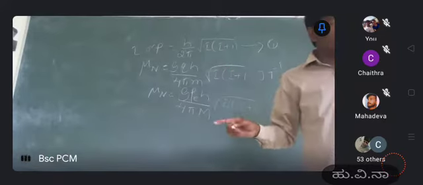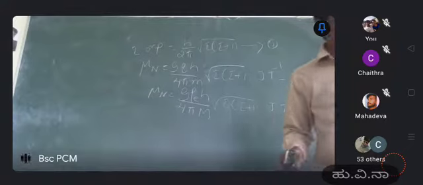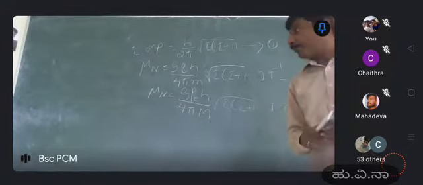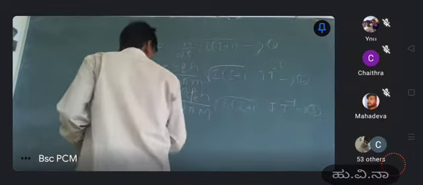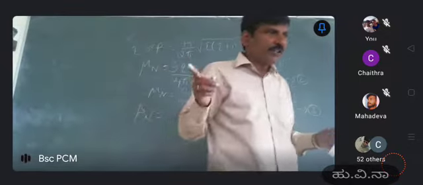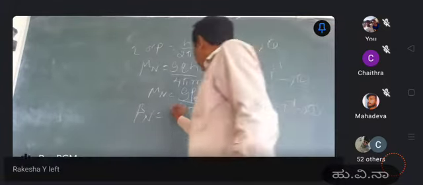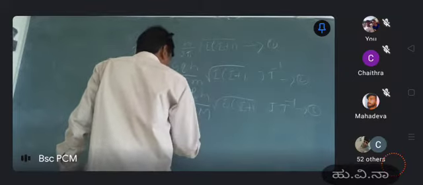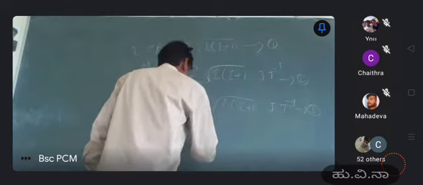Once again, now any nuclear dipoles are conveniently expressed in terms of the nuclear magneton, that is beta n. Any magnetic strength is conveniently expressed in terms of beta n. Beta n is equal to e h by 4 pi m p. Same charge, same mass of the proton, everything is the same.